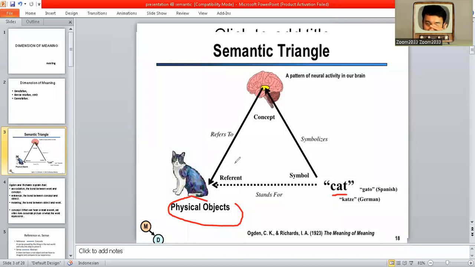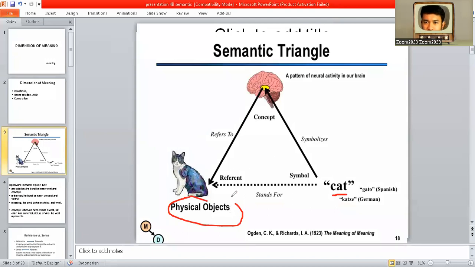Now the symbol here is a word that we know, and we make a convention together, such as the symbol cat, the word cat. We put the symbol cat to refer to a physical object like this, and then we put it in our mind, or the concept in our brain.